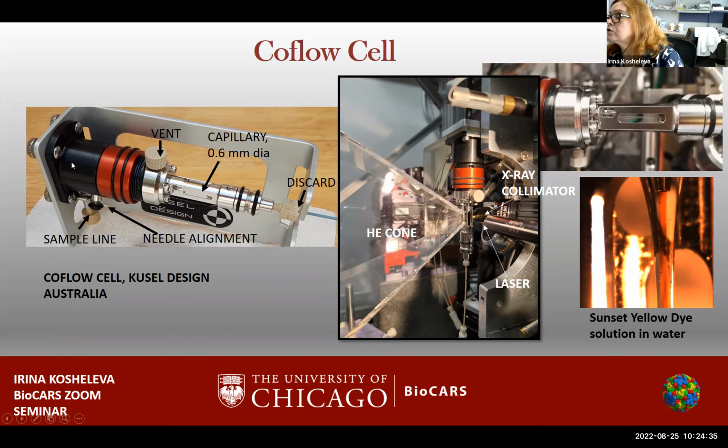The sample is injected through the HPLC needle at 90 degrees. There is a sample buffer line which goes into this volume. There is a vent. The capillary is mounted to this sturdy support and is leak proof with O-rings, which have worked well so far. And there is basically a discard line.